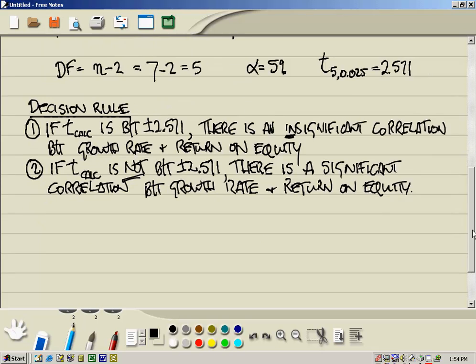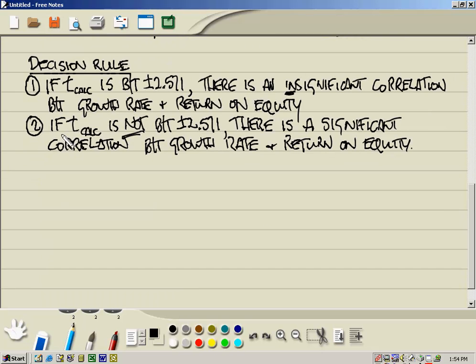Alright, we're ready now to do calculations. T-calc is very simple in comparison to the alternative, which is the calculation for the t-test on the slope, which we'll see later. But anyway, the t-calc for the correlation is little r, the coefficient of correlation, divided by the square root of 1 minus little r squared divided by the n minus 2 degrees of freedom.